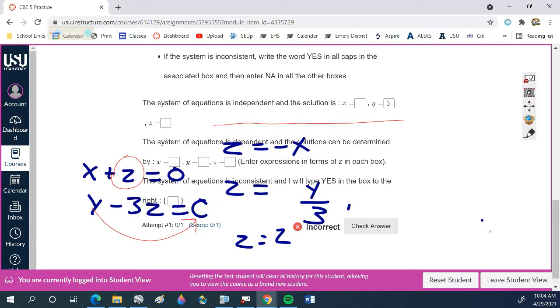So now the question is, do we have to put NA in all the other boxes? Do you guys understand what's going on here?